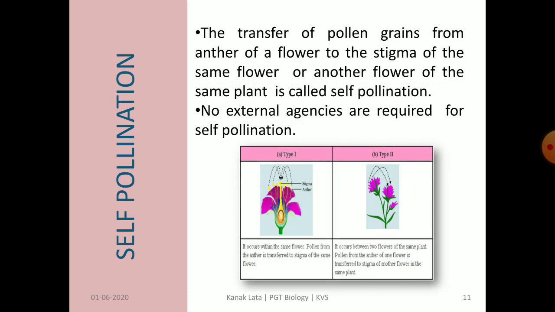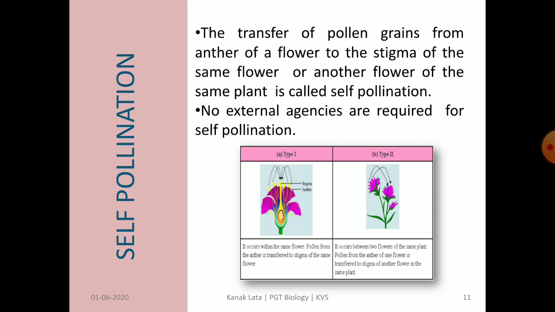Now, it is about self-pollination. In this case, there is transfer of pollen grain from anther of a flower to the stigma of same flower or another flower of same plant. Here no external agencies are required for pollination. Flower itself is sufficient for performing the process of pollination.